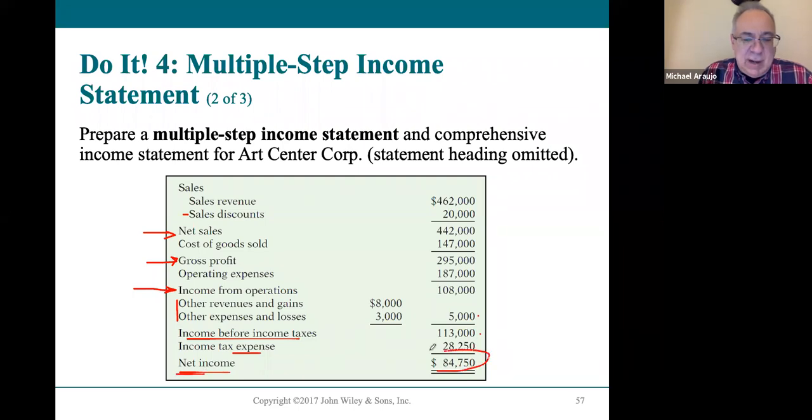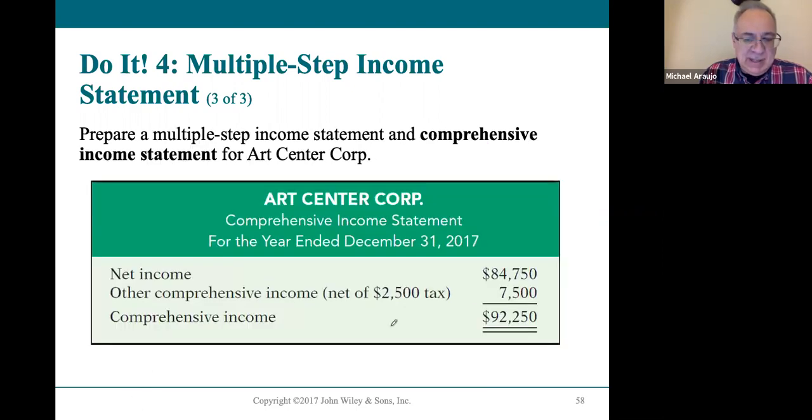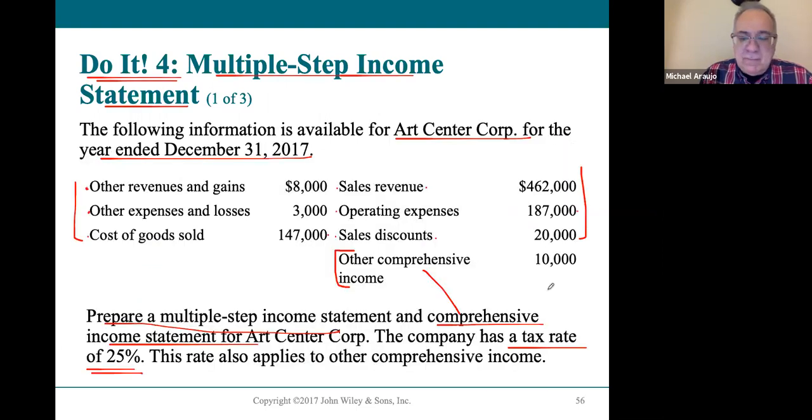From your net income, you simply add any other comprehensive income that has been reported for the comprehensive income statement, which basically is that $10,000, let me go back. This $10,000 other comprehensive income would be added, but that's also subject to tax.